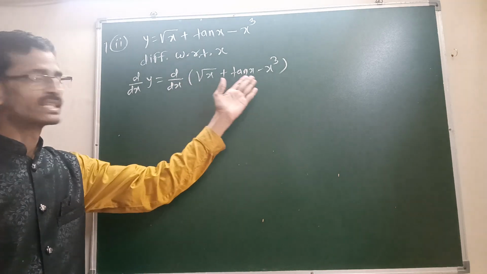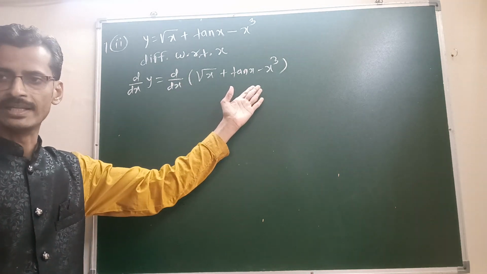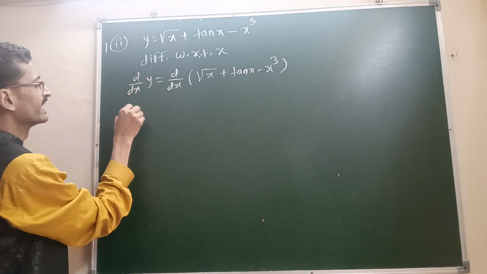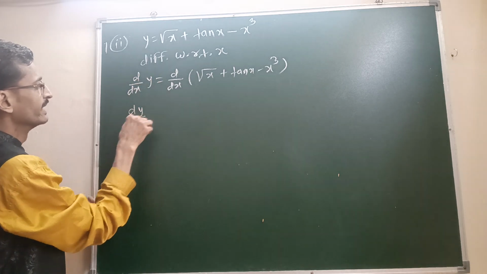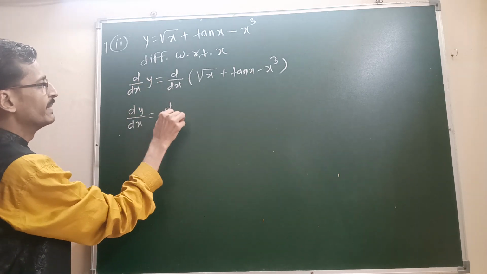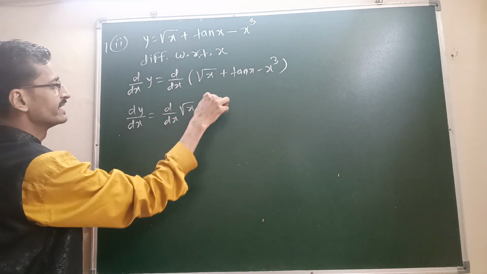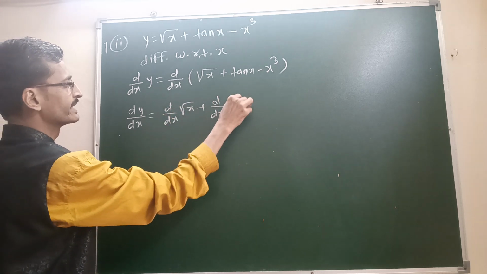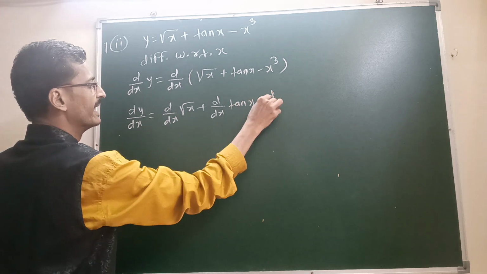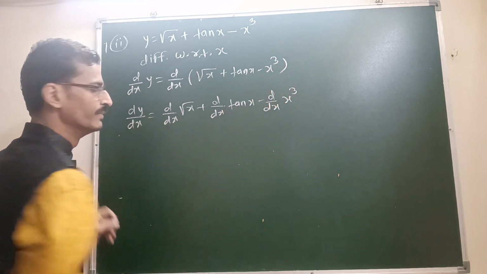Now again as here plus minus is given, so we can write derivative separate. So this we can write dy by dx is equal to d by dx of root x plus d by dx of tan x minus d by dx of x cube.